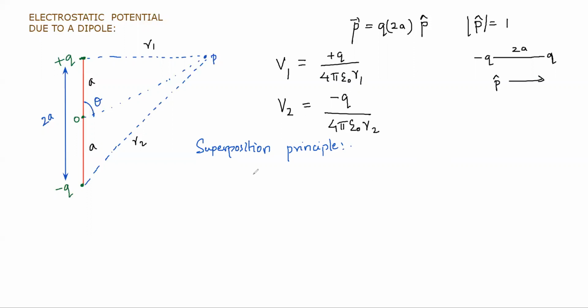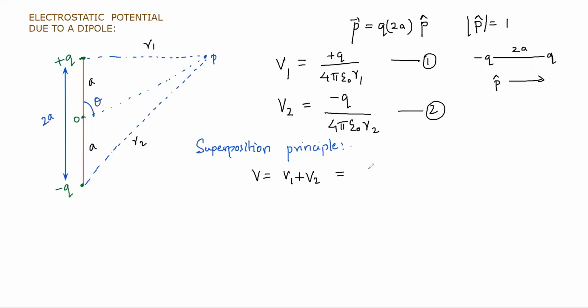According to the superposition principle, the total electrostatic potential at the point P is the sum of the potentials due to individual charges at the point P. So V is nothing but V1 plus V2. Now we can substitute from equations 1 and 2.